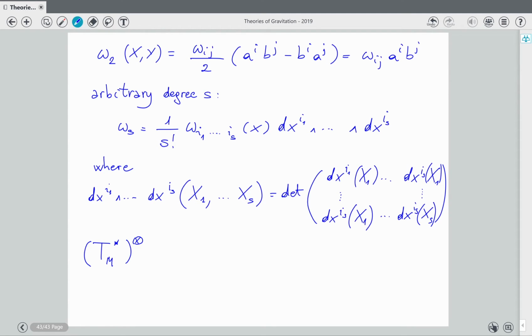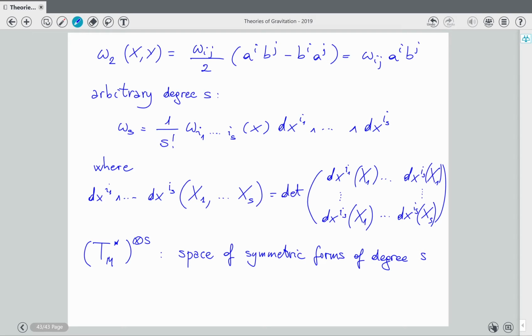Instead of a wedge product, it's a symmetric product denoted by this symbol, a circled X. And this denotes the space of symmetric forms of degree S. What does that mean?